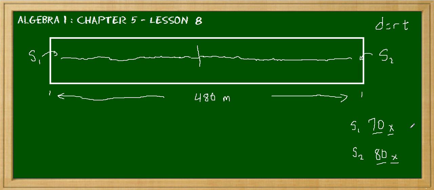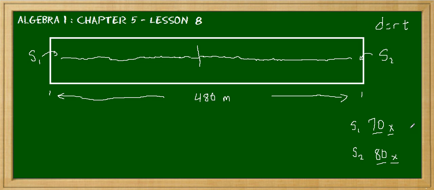So we can say that the distance each one will swim is 70x and 80x based off the information. Now that's not a distance, right? Well, it isn't. But it is in algebra because it's giving me the rate and the time. The rate of 70, x time. Rate of 80, x time. So we've been able to determine that.